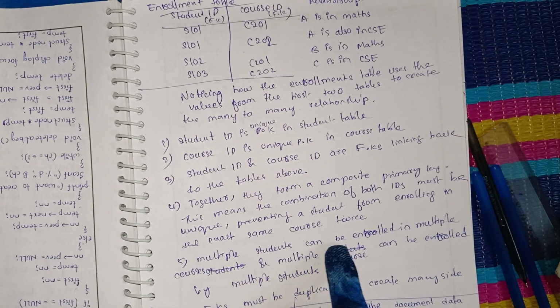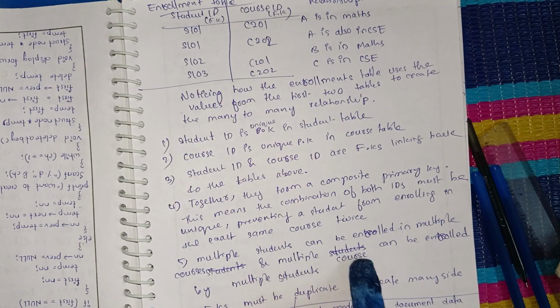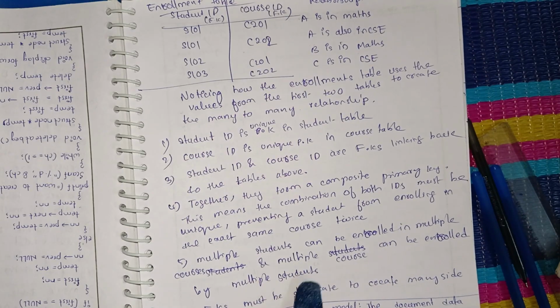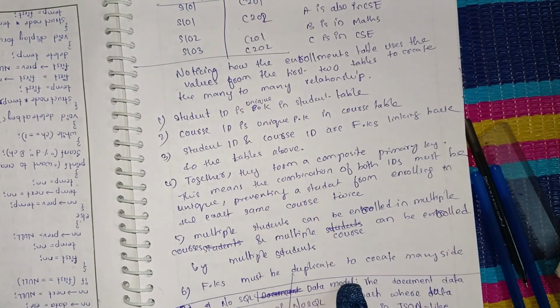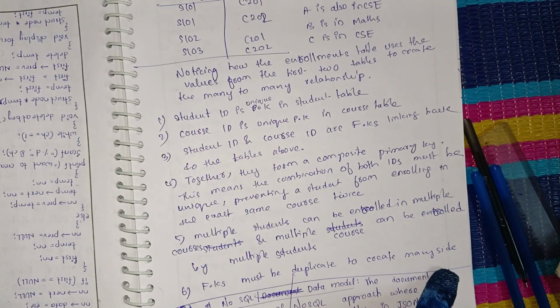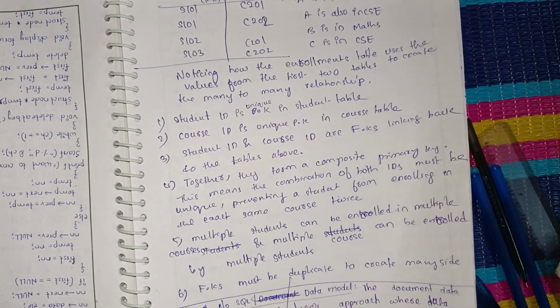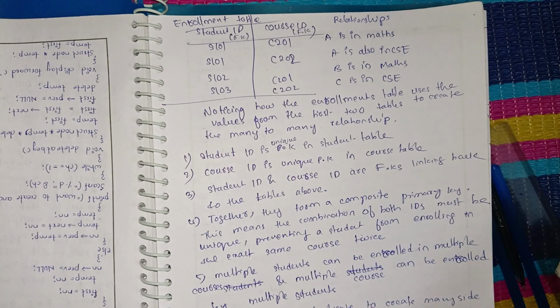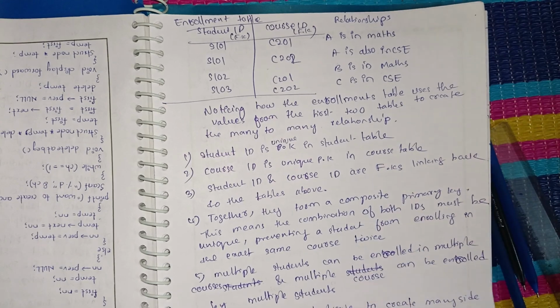Multiple students can be enrolled in multiple courses, and multiple courses can be enrolled by multiple students, and origin keys must be duplicated to create the many side.